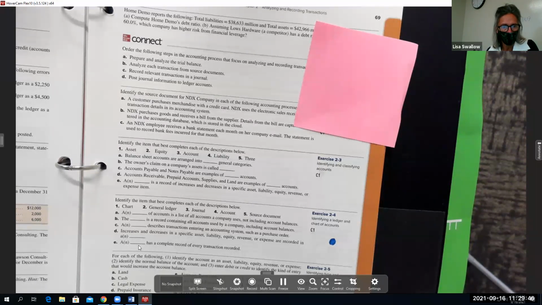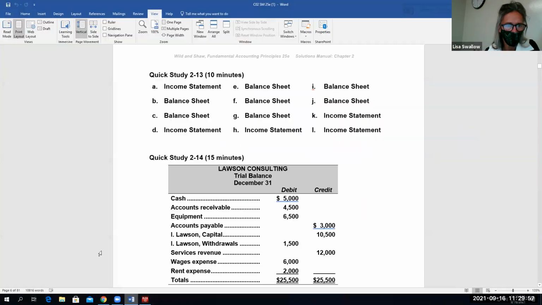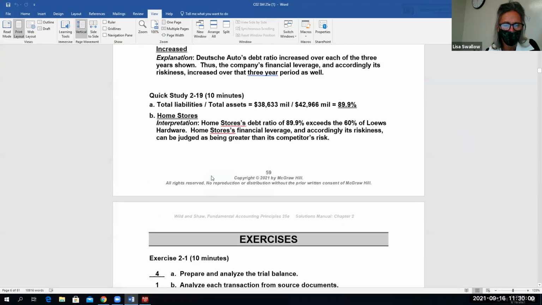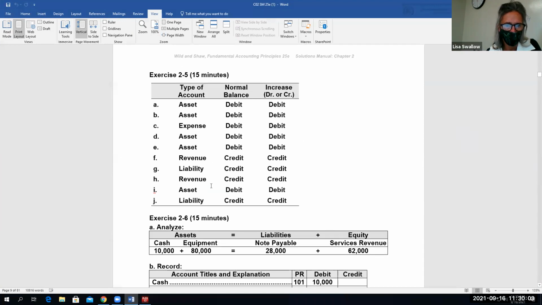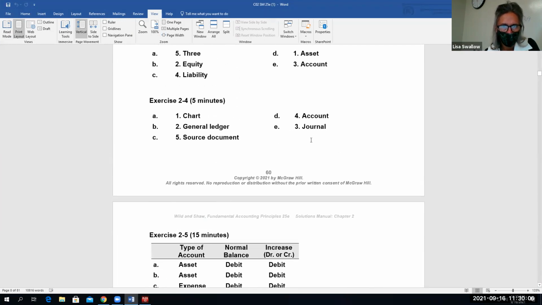And E, the general ledger has a complete record of every transaction. Those are a little bit obfuscatory. A journal, I don't completely agree with that, but okay. Well, I guess a journal is the chronological recording. If you went back through it forever, you'd find everything that was ever recorded, right?